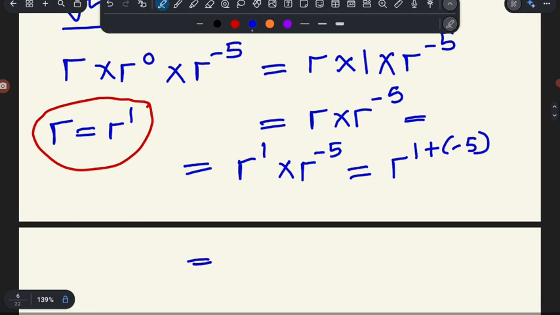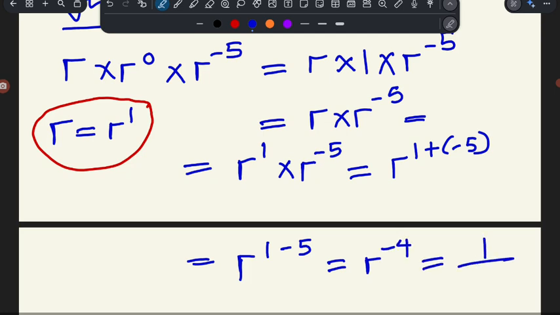You will now say that it is r raised to 1 minus 5, which is equal to r raised to minus 4, which will give us 1 over r raised to the power 4. So this should be the final answer for the question.